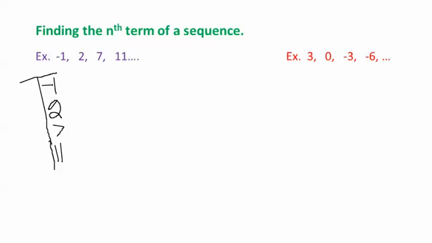And I'm going to number them starting with 1. First, we found our t sub 1, which is our first term. That's -1. Now I need to find d, which was the common difference.